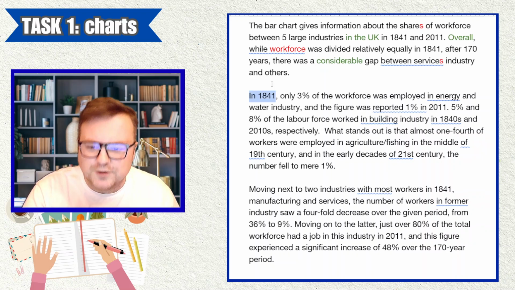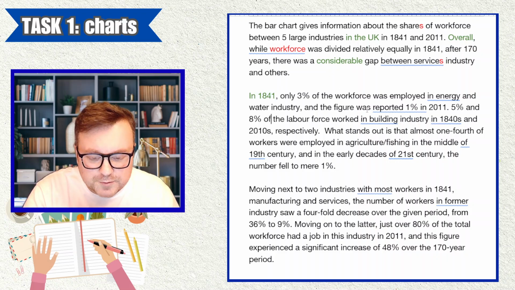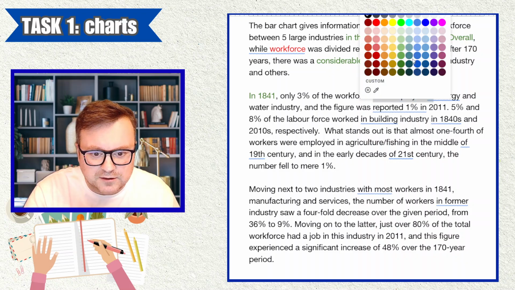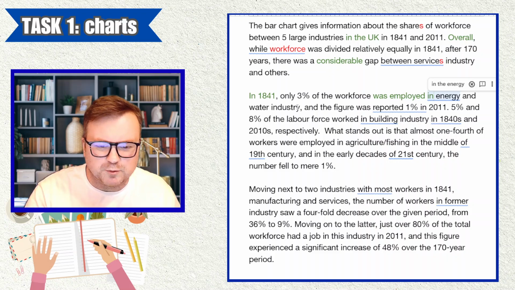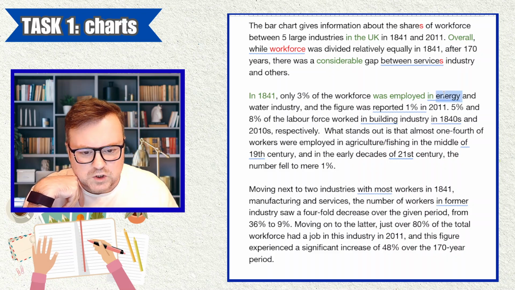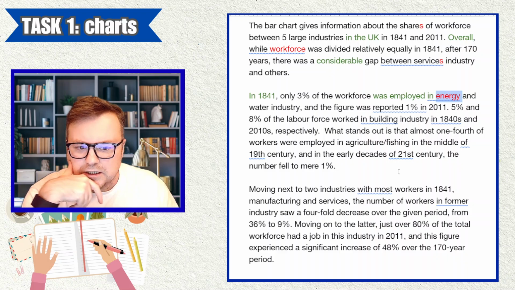In 1841, good, signposting takes us right into it. Only 3% of the workforce was employed in energy. Cool, nice passive again, good vocab. In, again, the energy and water industries is probably better. So we're just missing the article again.